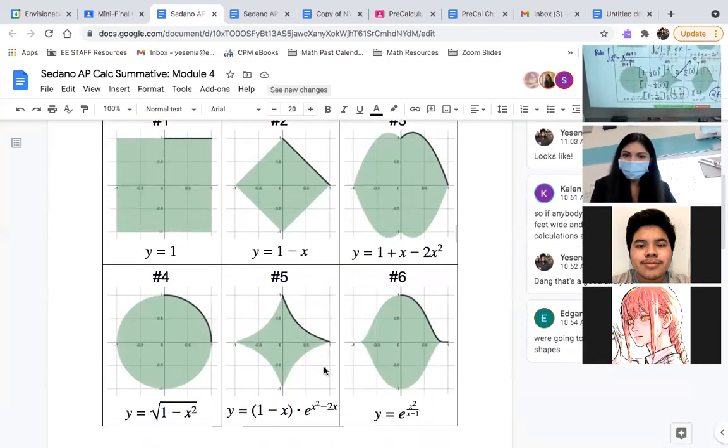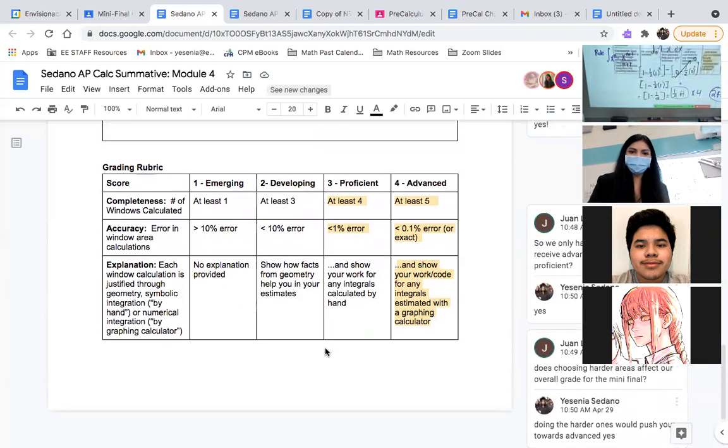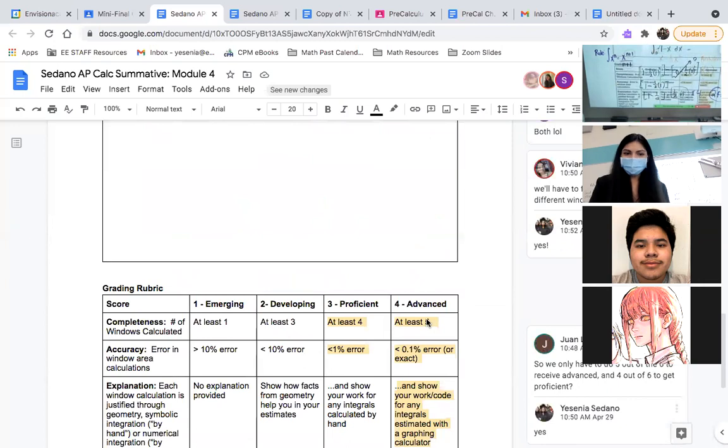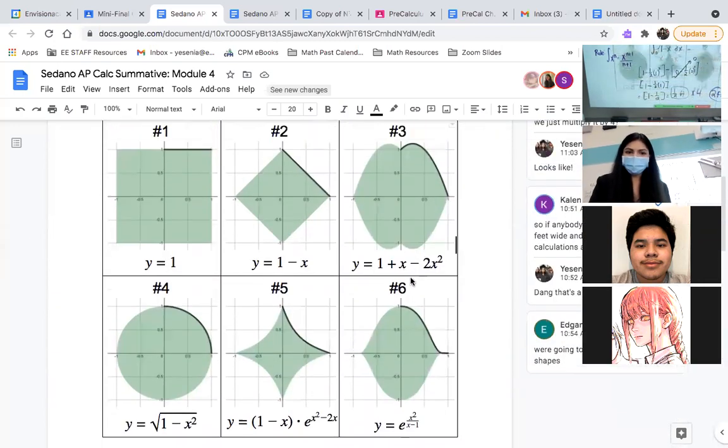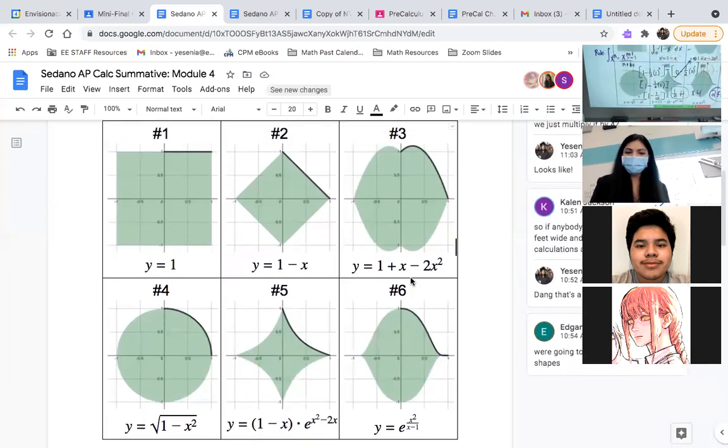Do we do 5 to get advanced? Yep, that's what it says here, at least 5 to get advanced. And it could be any 5. So let's say you don't want to do number 5 and you want to do number 6, you could do that as well.